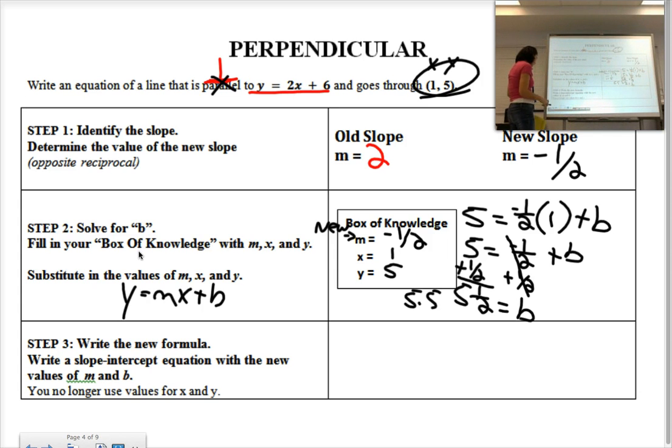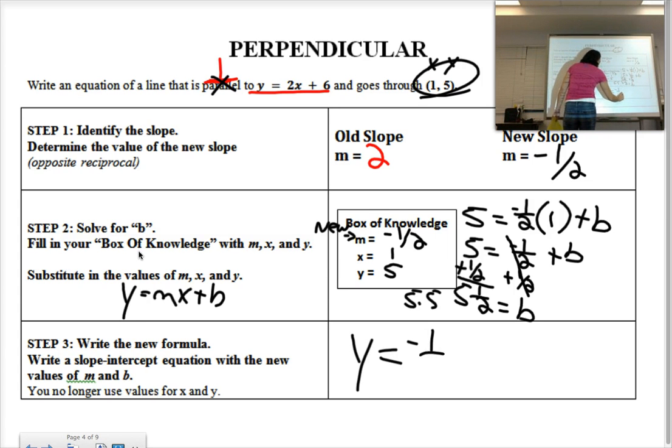Okay, so now we're going to write a new equation of a line in y equals mx plus b form. Keep in mind I am no longer using variables for x and y. So y equals m, we're always using our new slope, -1/2 x. Our b is 5.5, so plus 5.5.